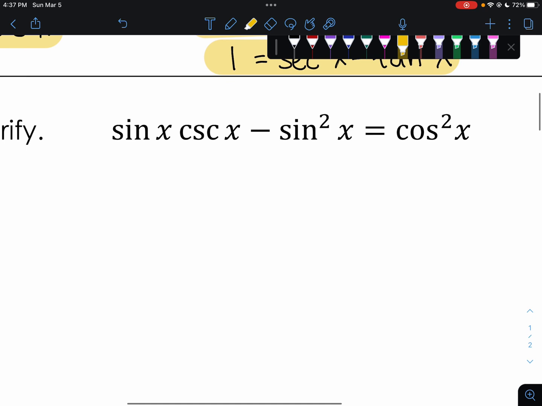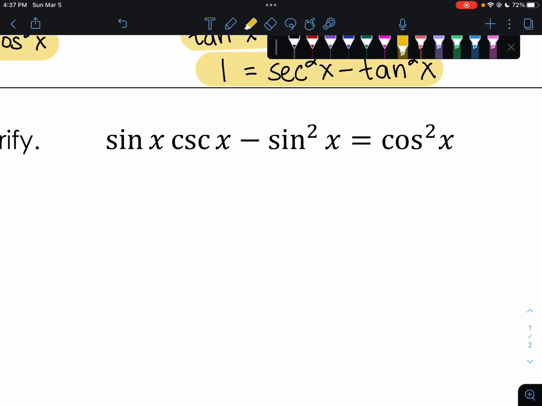Okay, so right here I have sine x times cosecant x minus sine squared x equals cosine squared x. Well, I still want to write things in terms of sine and cosine.